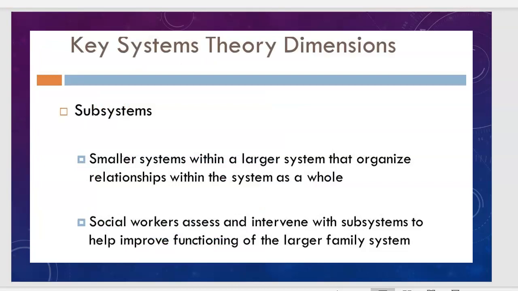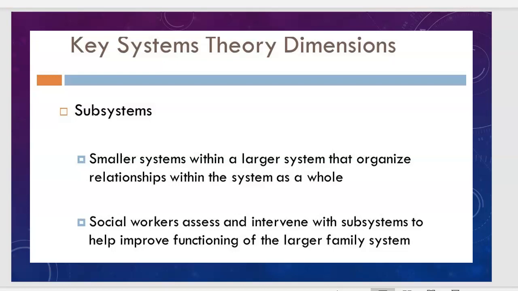Another important concept in family systems theory is the idea of family subsystems. So in every large system, there exists smaller systems within the larger system that help to organize relationships within the system as a whole.